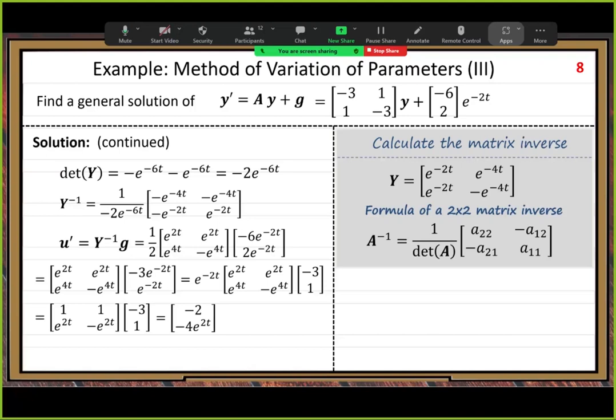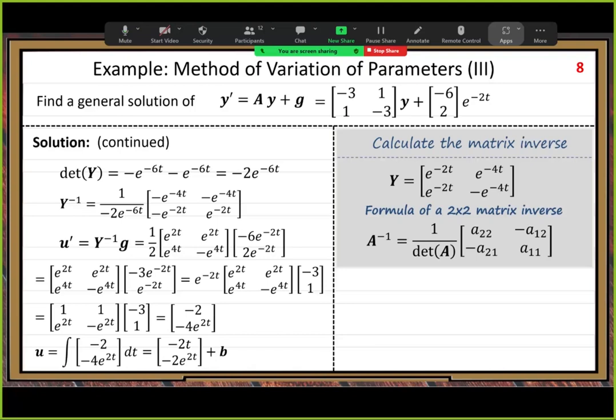We need to take the integral of this u prime vector. So the next step: u equals the integral of this vector. Each function we integrate, but we need to add a constant vector, because in an indefinite integral there is a constant term.